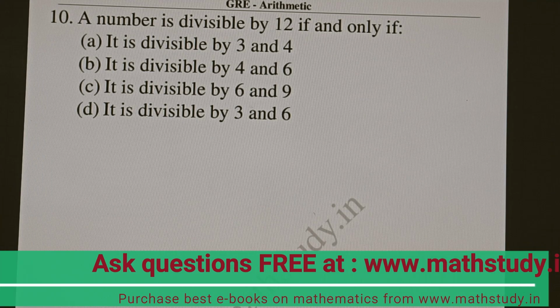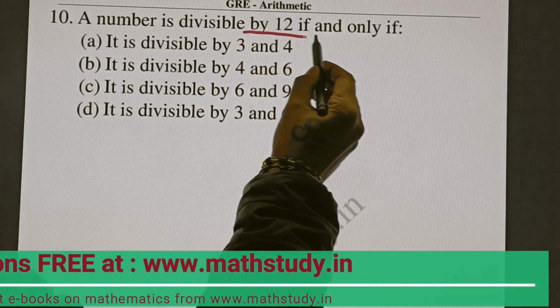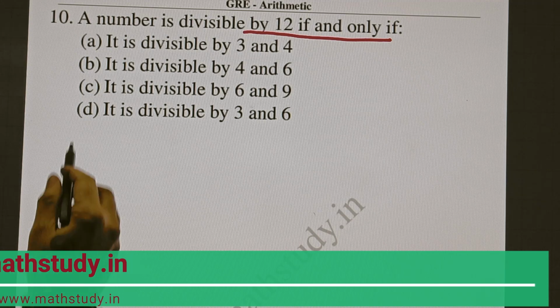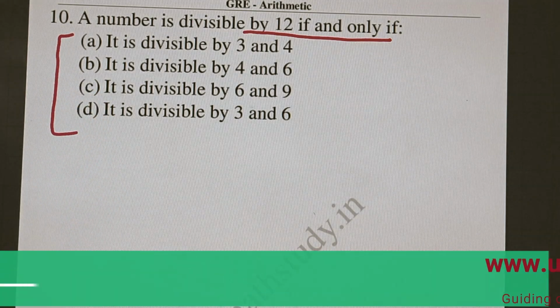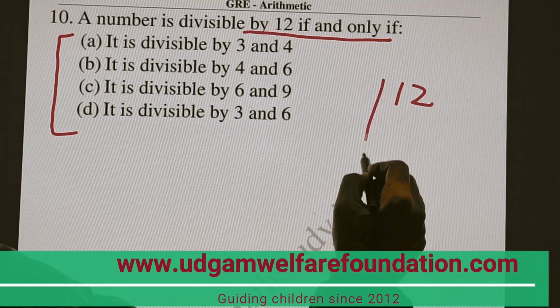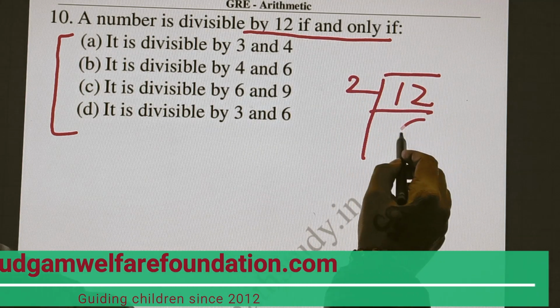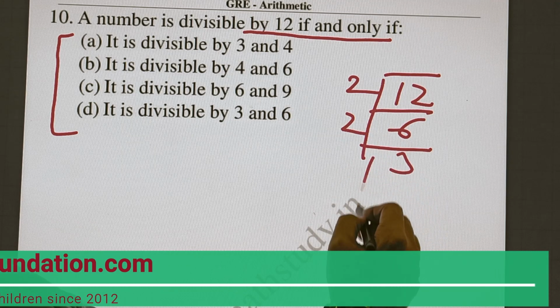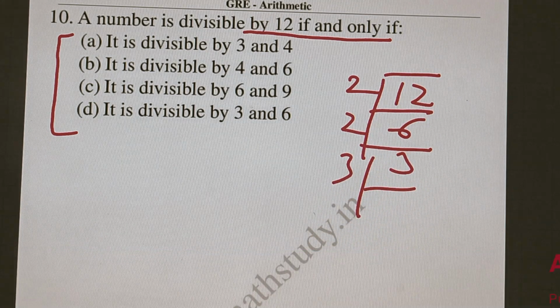Our next question is, a number is divisible by 12 if and only if. We have 4 options: it is divisible by 3 and 4, 4 and 6, 6 and 9. Obviously if we take the LCM of 12, then we get this.